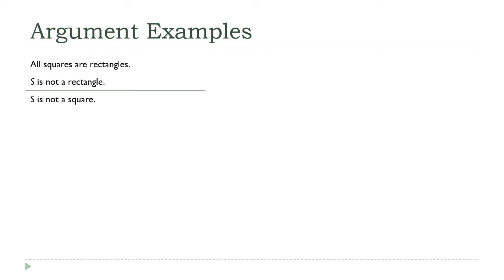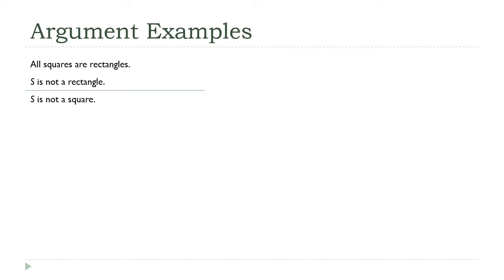And in the second example here, we're going to look at a bigger one so you can see how this works with a larger argument. So what I have here, again, is a specific example of the modus tollens argument. And looking at the first statement here, all squares are rectangles, right?